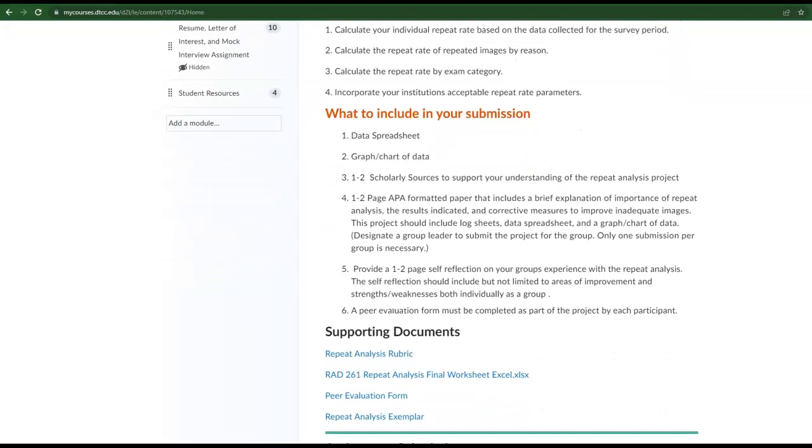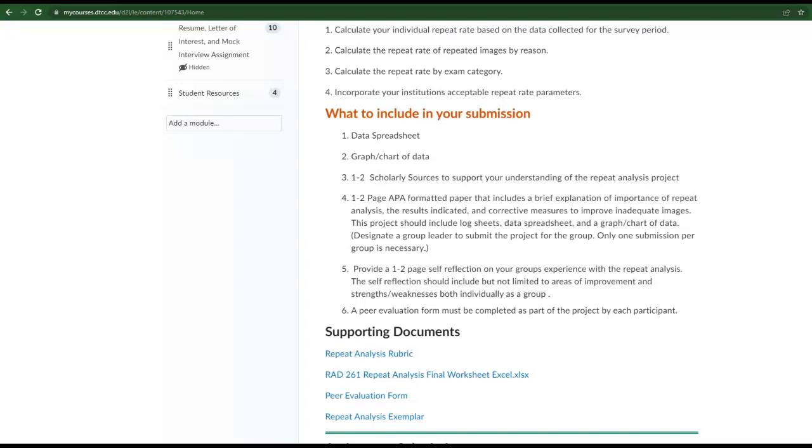So, what do I want you to include in your submission? Each individual student will submit to me their personal log sheets. Then you will also designate one person from your group to complete the actual paper. You're going to utilize 1 to 2 scholarly sources to create this paper.